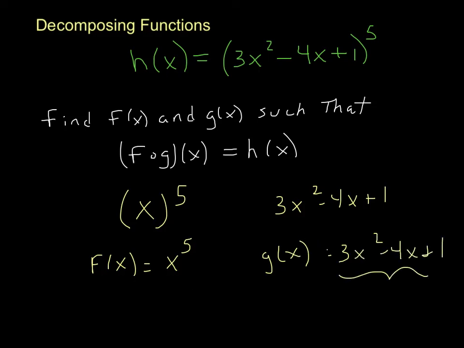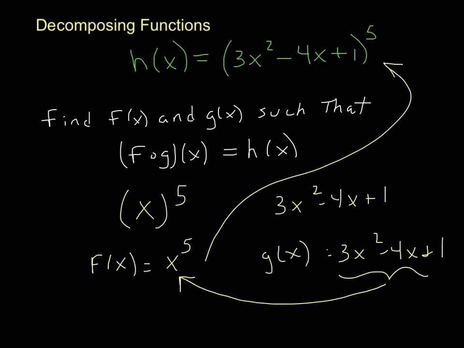Because this whole function here was taken and plugged in for that x, and that is what generated this new composition function h, where I would have had that entire trinomial raised to the 5th power. So decomposing is basically just looking at it backwards. What two functions would I take the composition of to get the function I've got now?